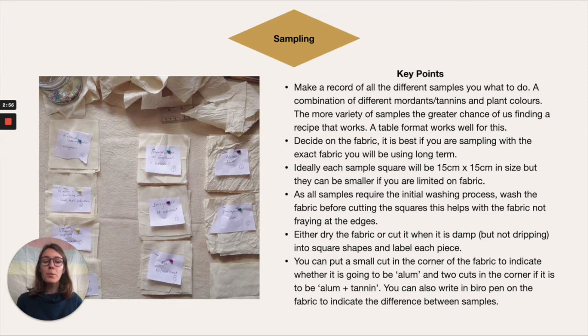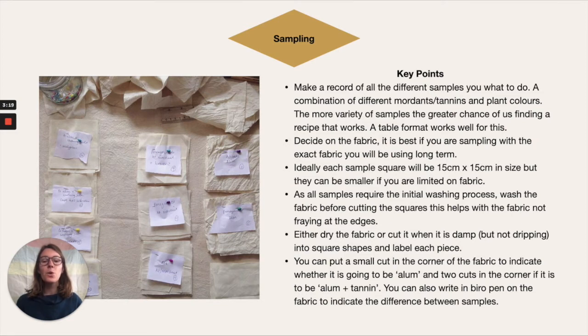As all samples require the initial washing process, wash the fabric first before cutting it into squares. This helps with the fabric not fraying at the edges. I'm sure you can imagine that washing lots and lots of little squares of fabric, they often get into a bit of a mess and the edges fray.